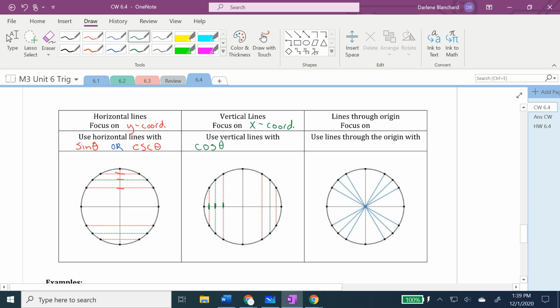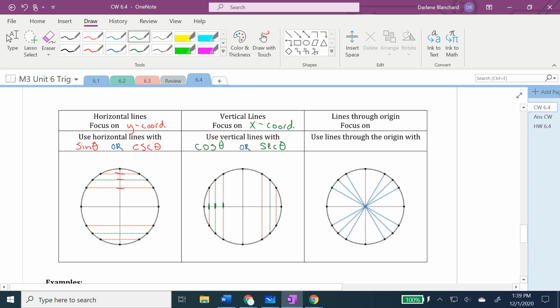Cosine theta. Who is cosine's reciprocal? Secant.